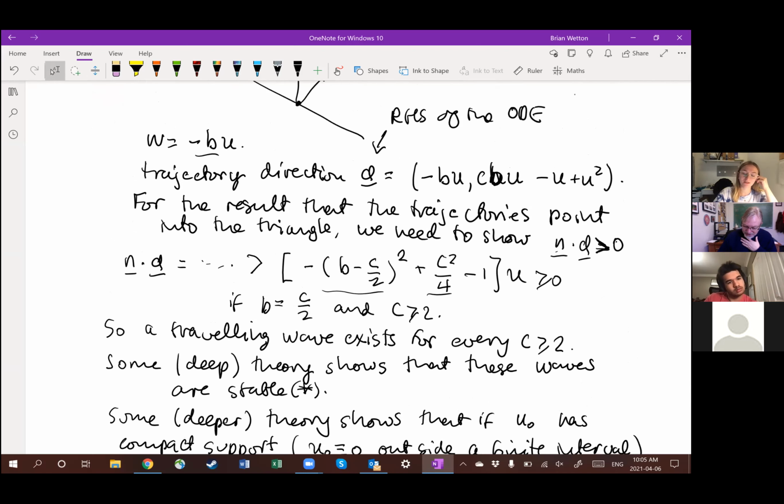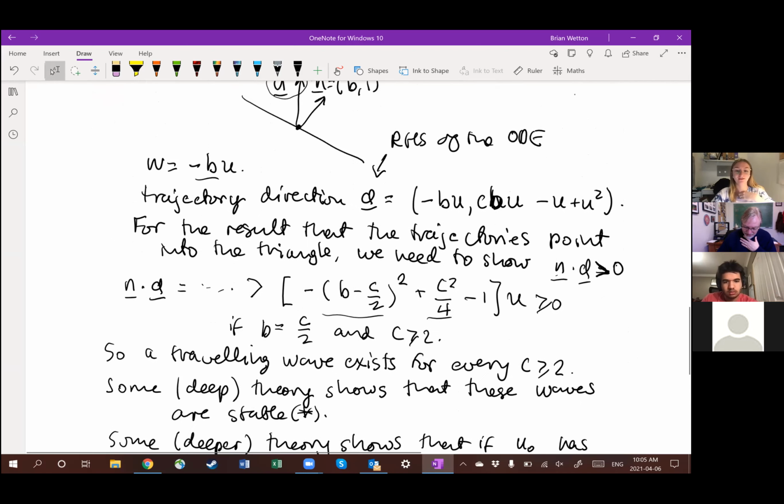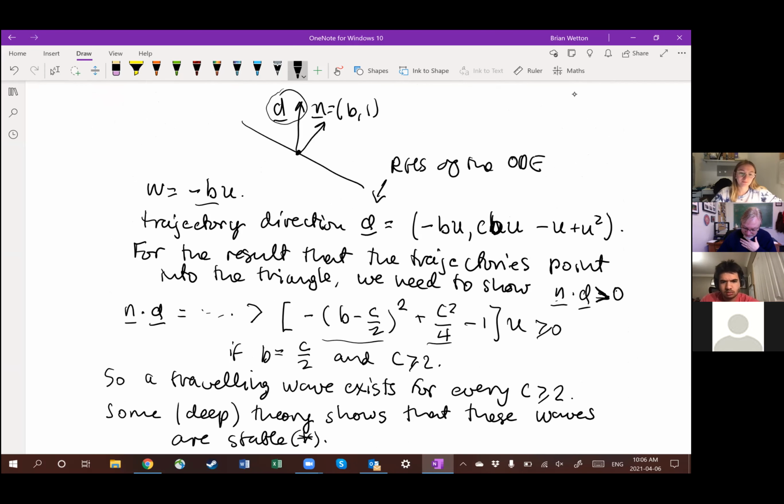It's just factoring. Okay, so I just took this and I take the dot product, I get a minus b u minus b squared u. So that's a term I don't like, because I want to show something is positive.